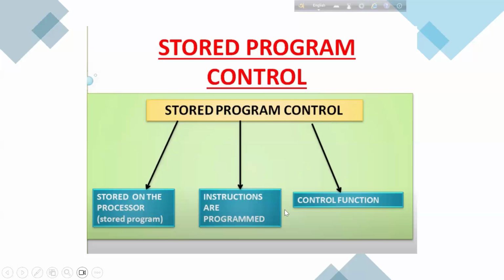So in today's switching systems, we must have memory to save the program, a processor to run or execute the instructions, and also to send different control signals and operate different control functions. These are the main core of electronic switching.